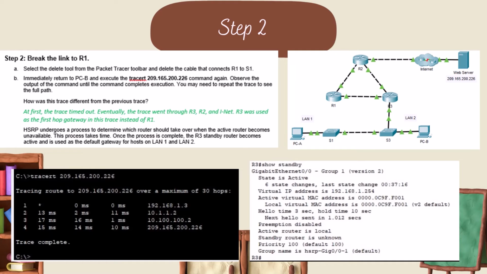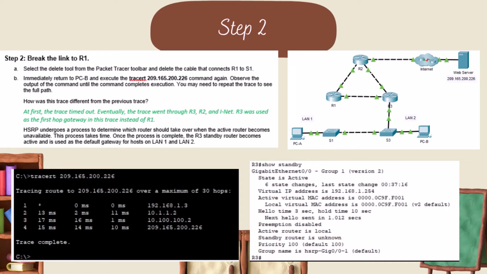Lepas tu soalan B, immediately return to PCB and execute the tracert 209.165.200.226 command again. Observe the output of the command until the command completes execution. You may need to repeat the trace to see the full path.